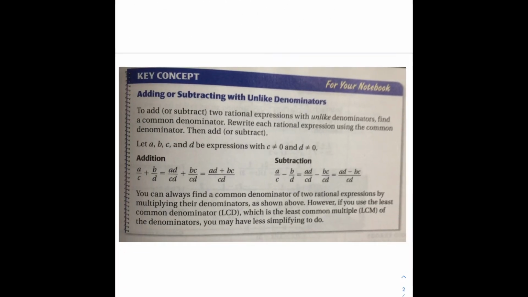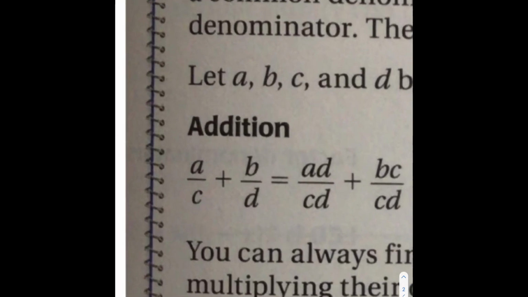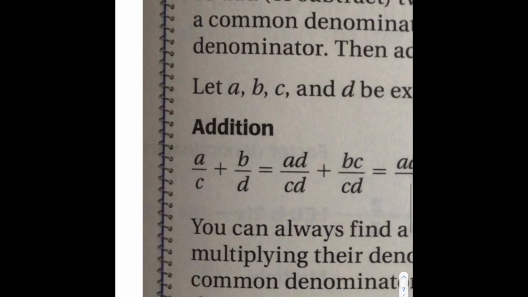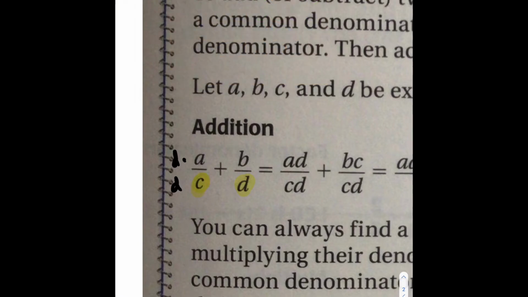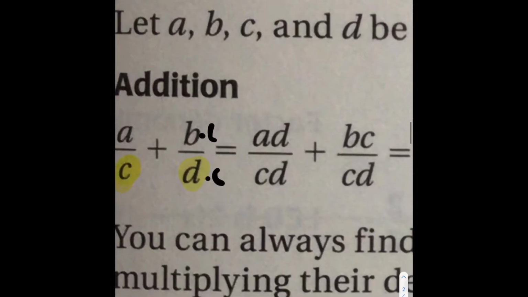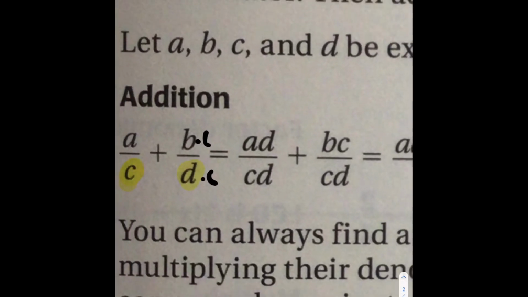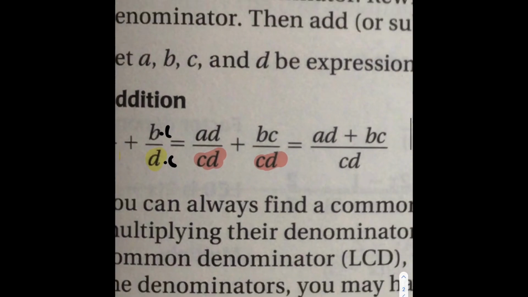Now, like I mentioned beforehand, when you get an uncommon denominator, an unlike denominator, in order to move forward, you have to get one. So what they did here is they said, okay, I'm going to multiply both the top and the bottom by D. And then over here, they said, I'm going to multiply both the top and the bottom by C. Therefore, we get CD on the bottom and CD on the bottom.